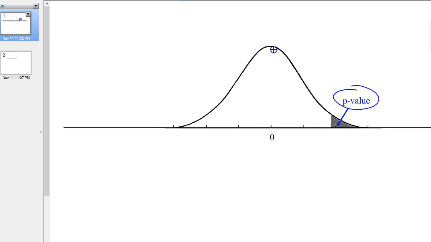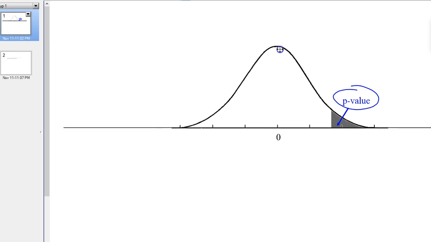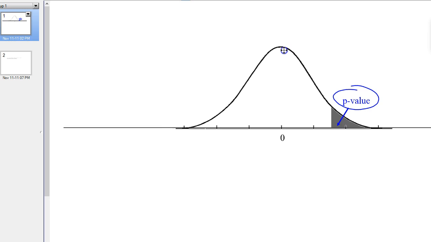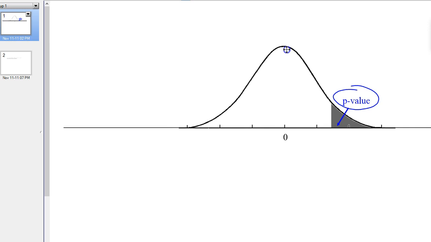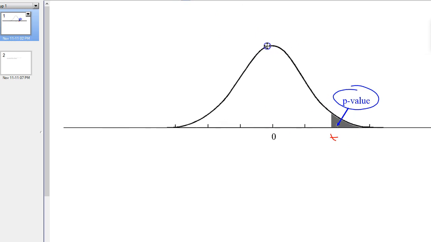If I make it higher, meaning I'm moving the claim value to the right, then that area goes up, which is the p-value. If the p-value goes up, now that same number where we were before, that t-value, is more likely because the p-value is the area to the right or left, if you're left tail, of the test statistic. So the p-value went up when we reached our alternate hypothesis.